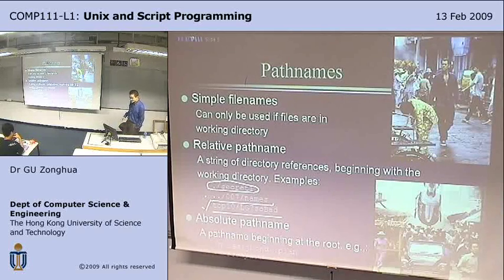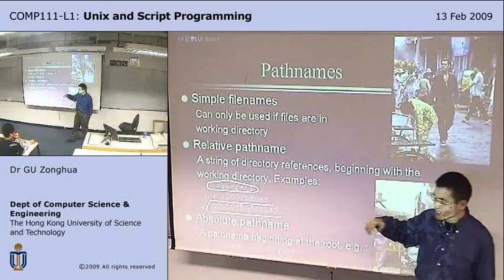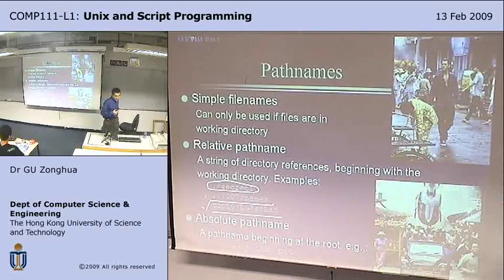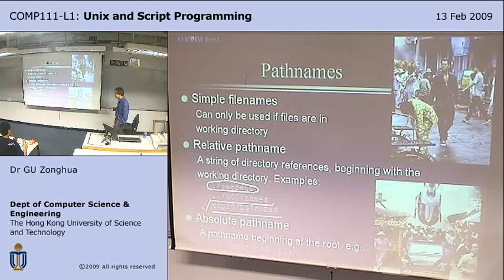Obviously you can do multiple levels: dot dot slash dot dot slash means that you go up two levels and then go down one level to the other directory. A path name beginning at the root is the absolute path name, for example /home/jbond/.plan.